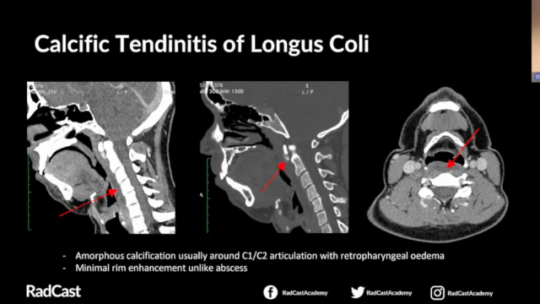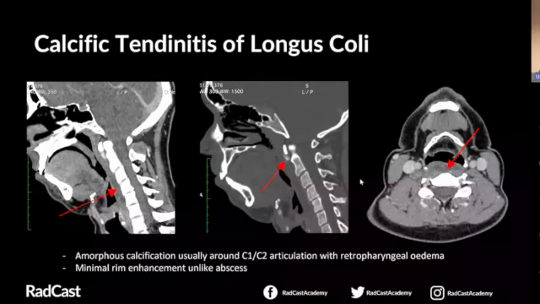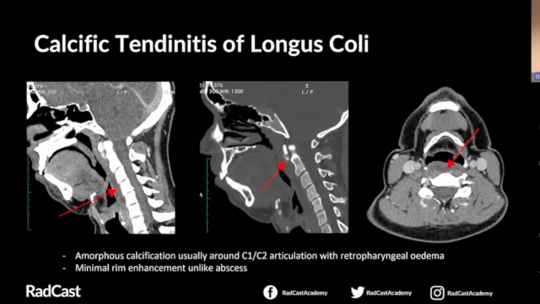it calcific tendinitis. They say that there is no rim enhancement associated with these, but you can get rim enhancement, as I'll show you in a case I have, but it's definitely less than a true retropharyngeal abscess.